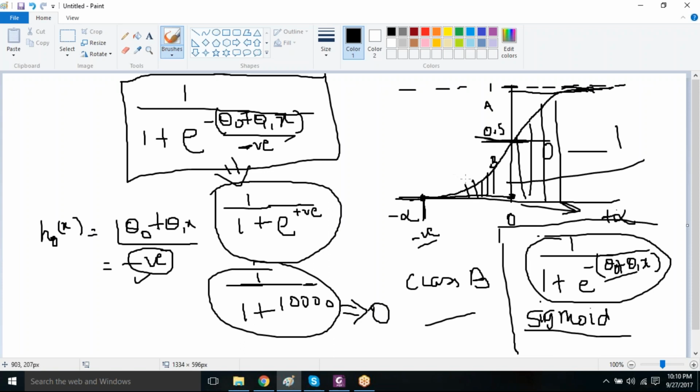This sigmoid function is very popular, and it is the basis of the whole neural network. That is why logistic regression is very important if you are going for deep learning.